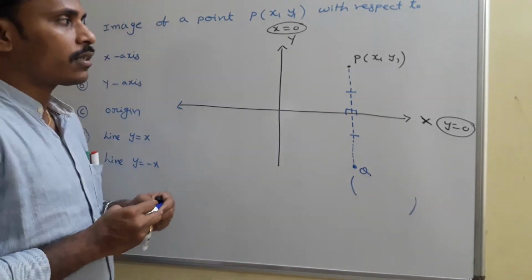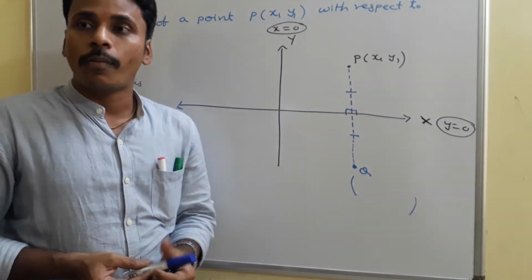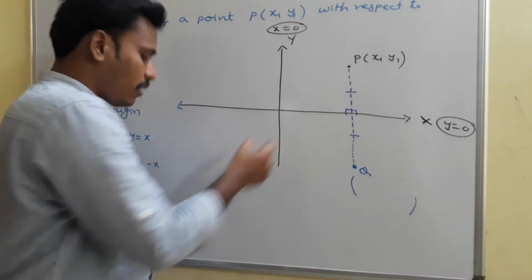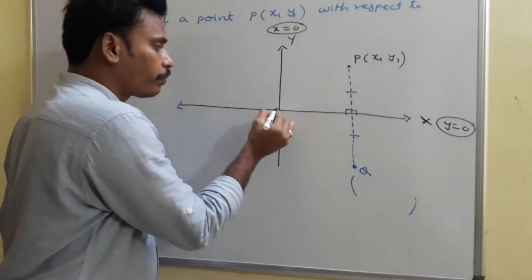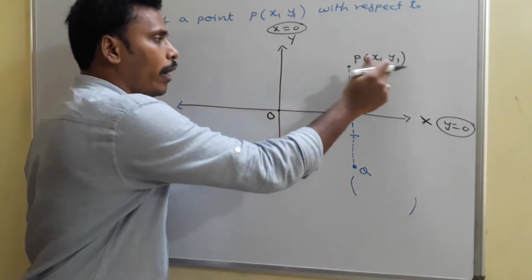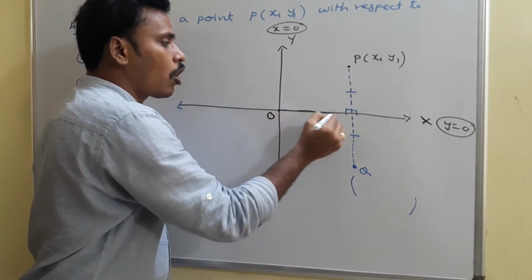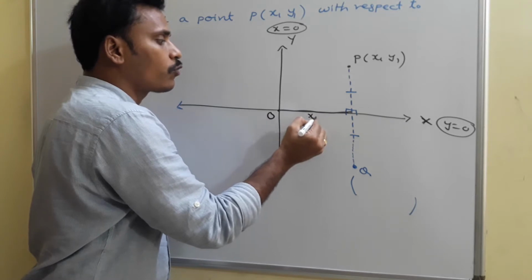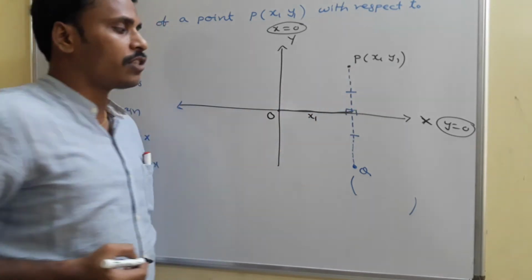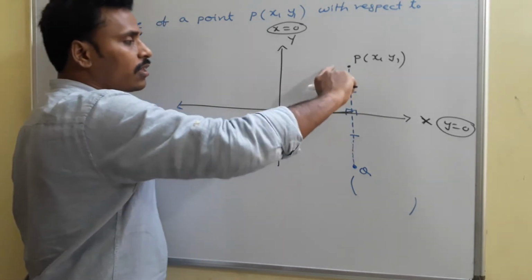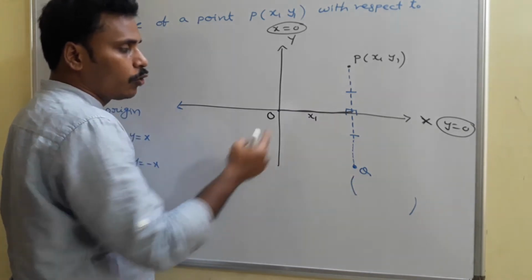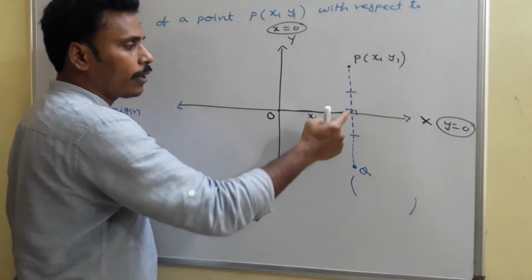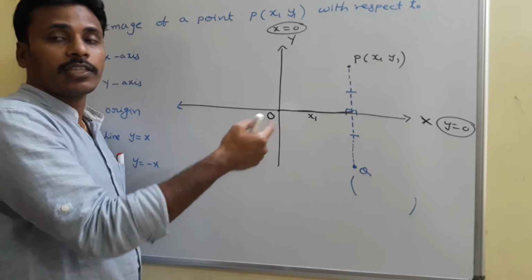Look there once. This point is (x1, y1), and we know that this is the origin. Since this point is (x1, y1), this horizontal distance is x1, whereas this vertical distance is y1. If you think in the same manner, for the point Q, the horizontal distance is x1 and the vertical distance is minus y1.